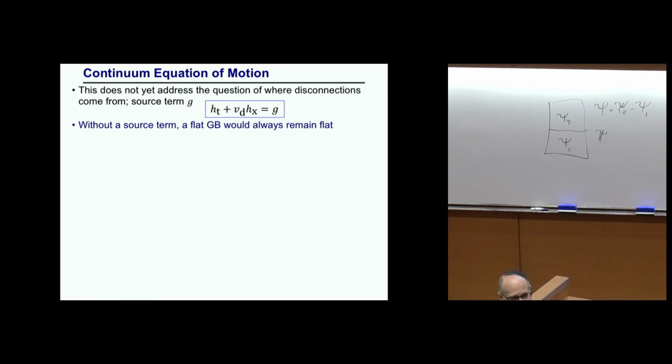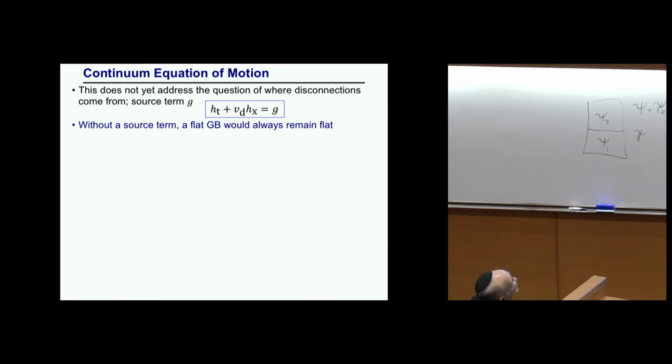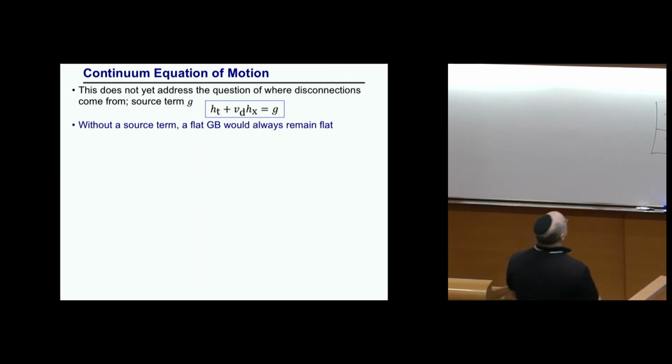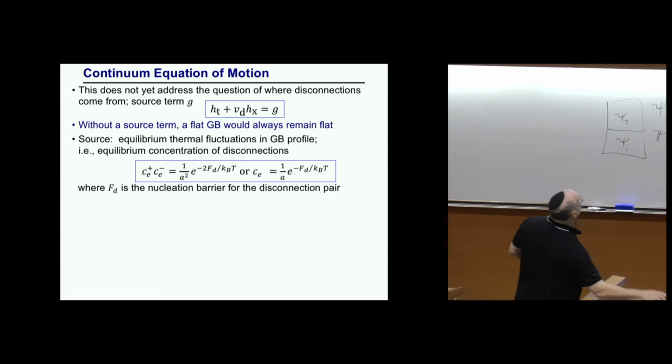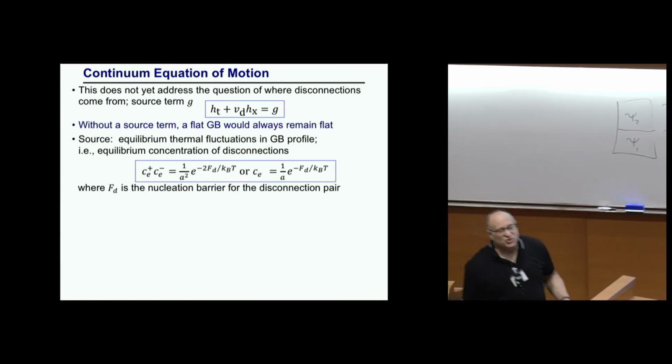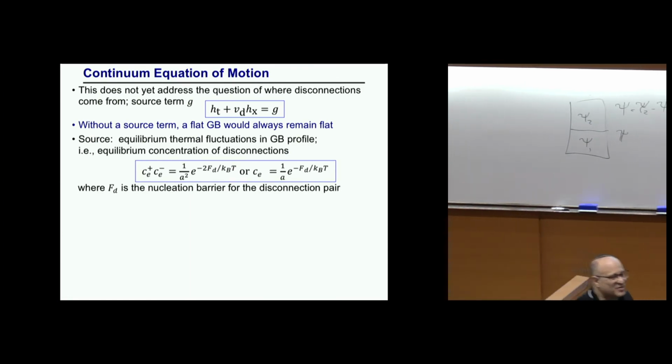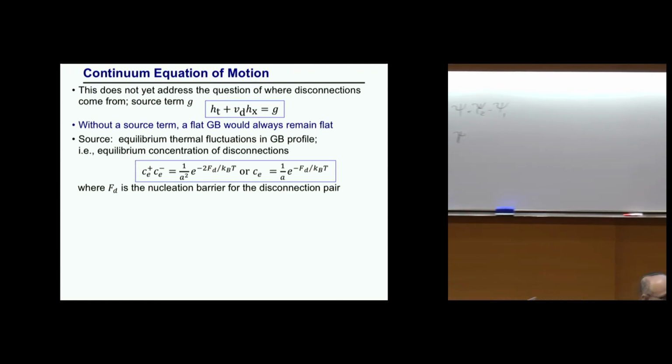Where do disconnections come from to begin with? I'm going to postulate that there must be a source term there. And I'm going to say that source term is related to the thermal equilibrium concentration of disconnections in the system.